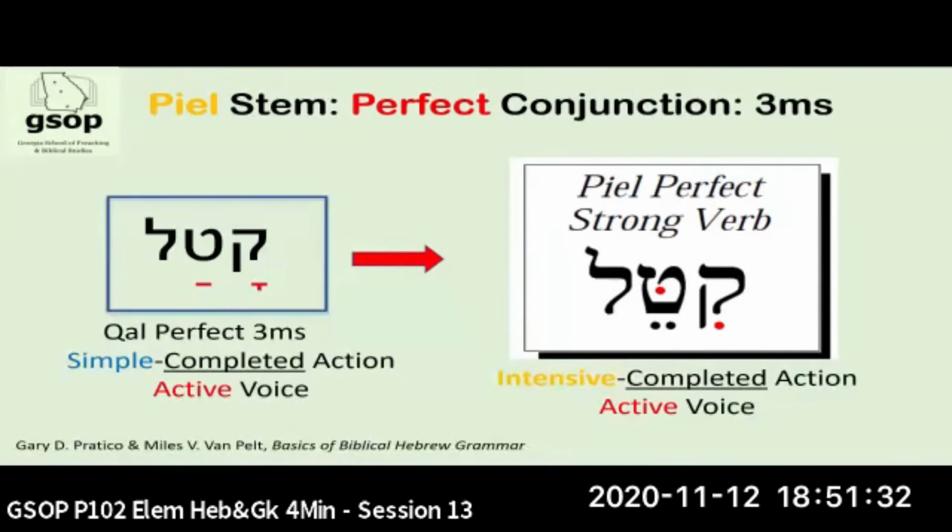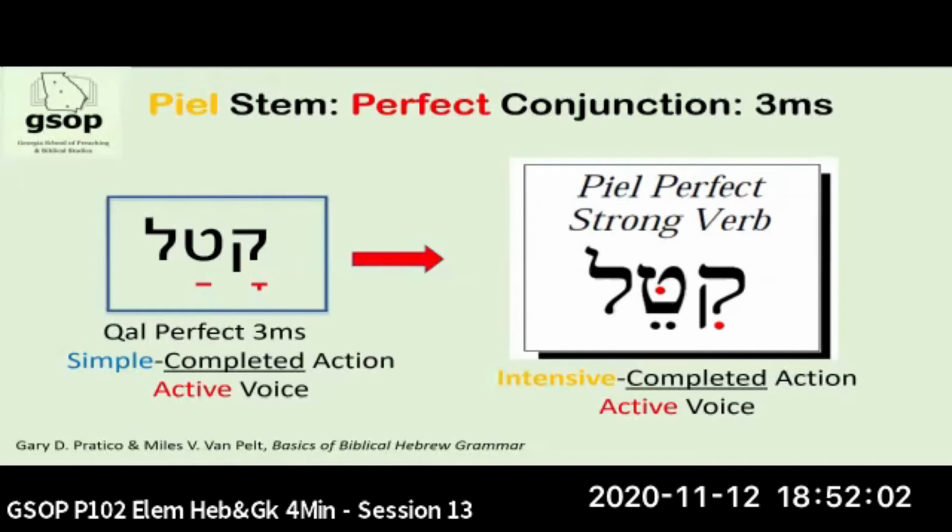And just to see the variation, it derives from its call perfect third masculine singular, simple, completed action, active voice, katal, he killed, to a perfect piel, perfect strong verb, kittel. Remember, I've got a doubling. So I'm going to point at the picture, but you guys online, you just have to guess where I'm pointing.